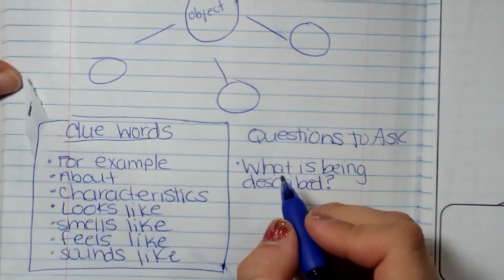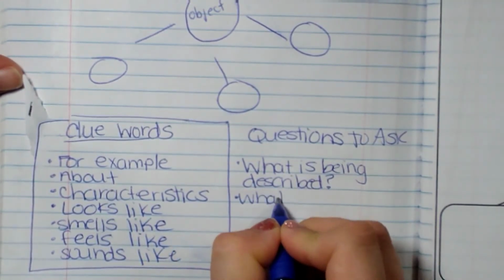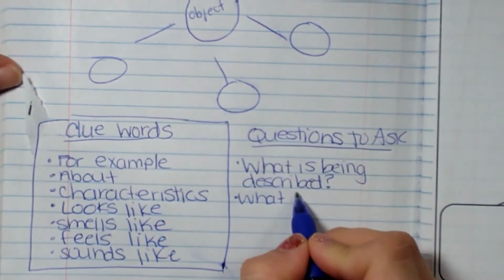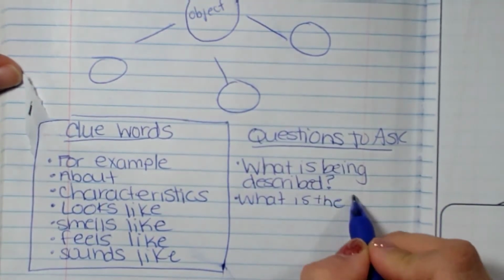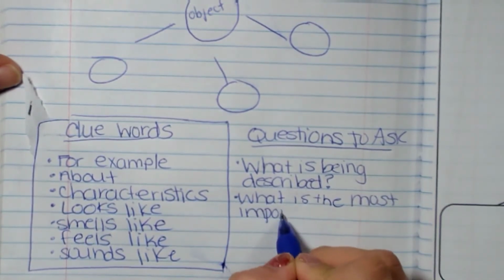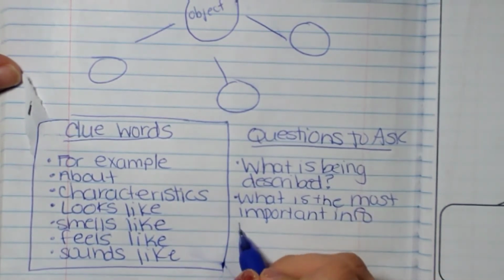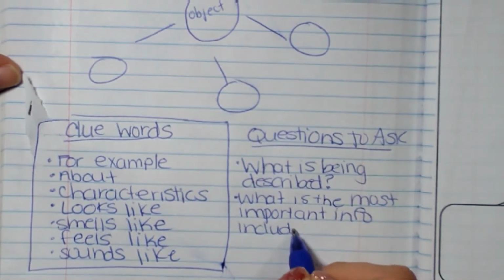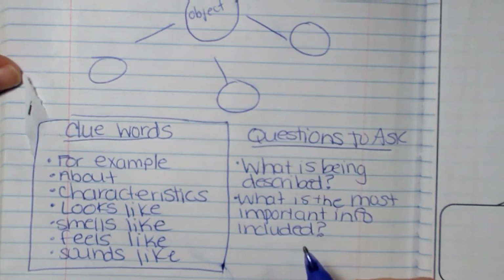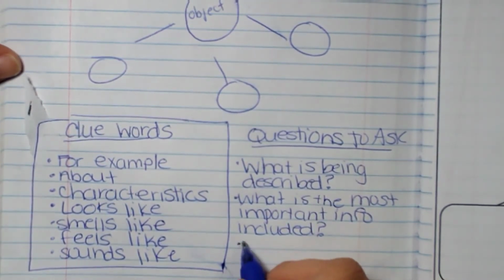What is the most important information included in the description? And how do all the details fit together?